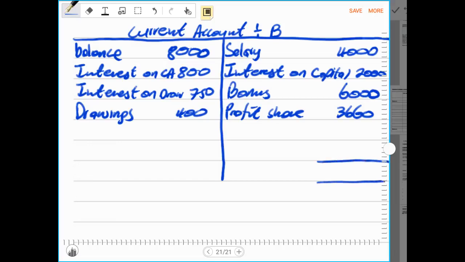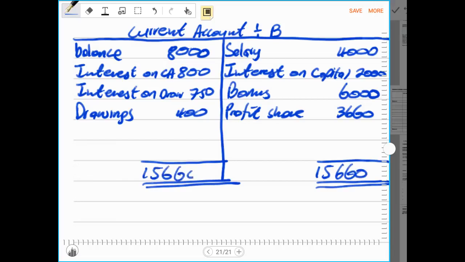So we can balance this ledger account by striking the total side, and the bigger side will be the credit side, and the credit side has a total of 15,660 rands. Then after, we'll have a balance carried down of 2,110. 2,110 will become a balance brought down.